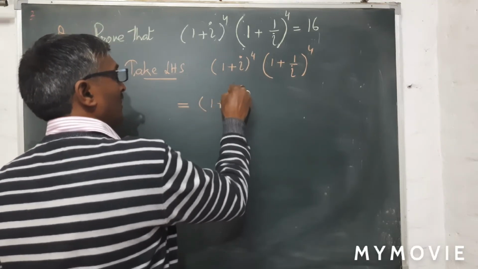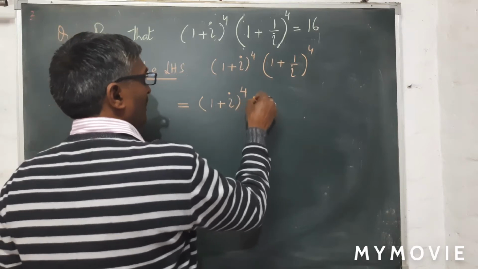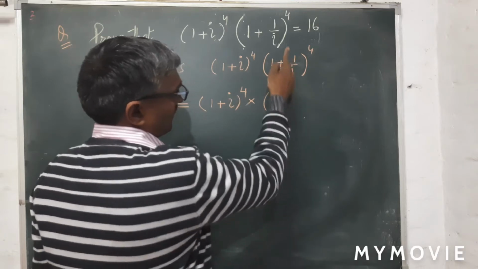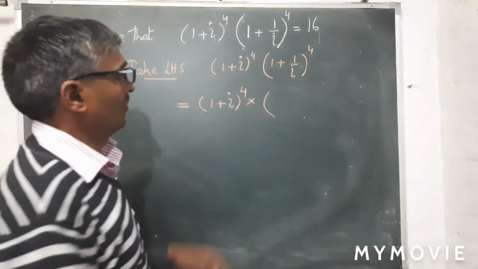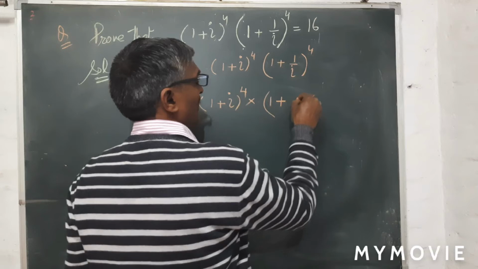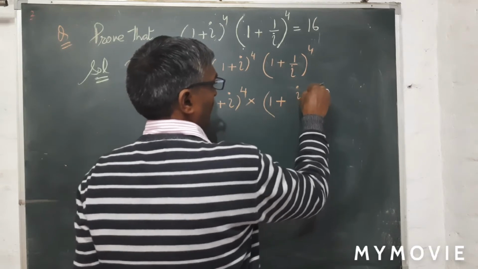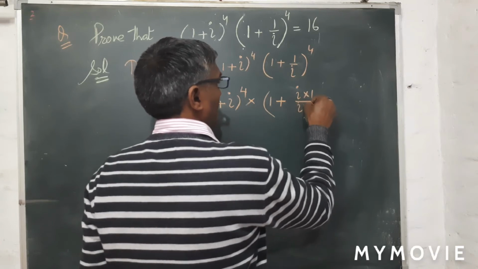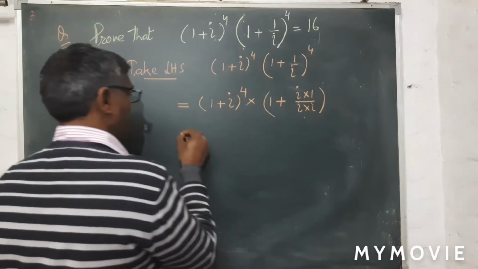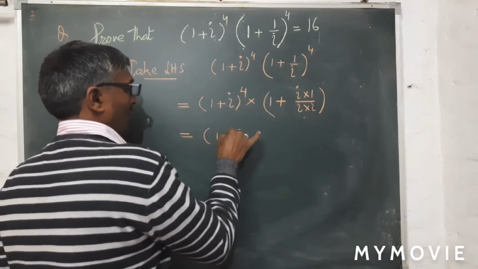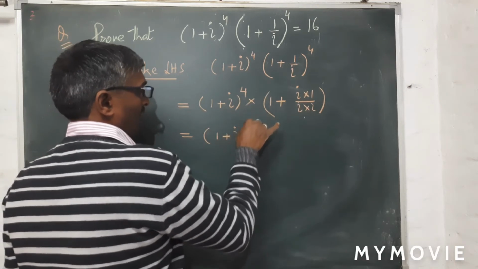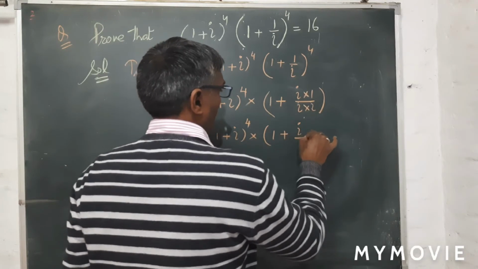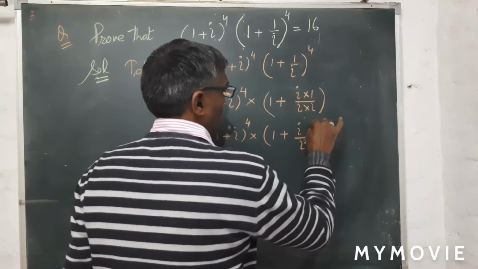Now multiply by iota, above and below, with what? With iota. So 1 plus iota into 1 upon iota into iota, that is 1 plus iota to power 4 into 1 plus iota upon iota square.